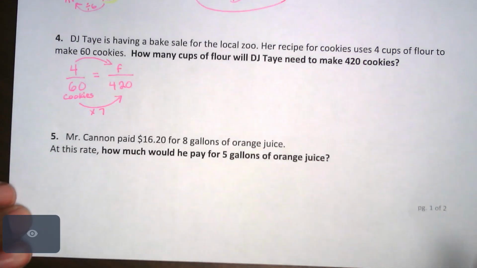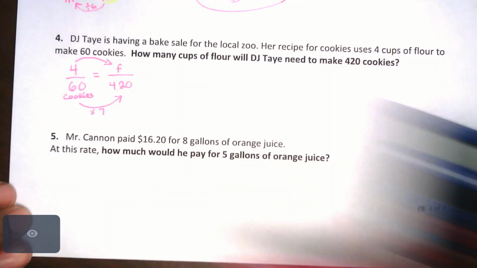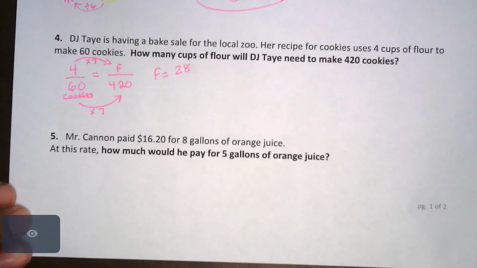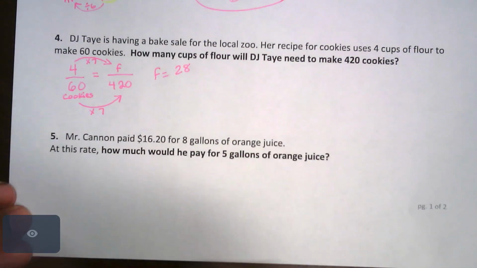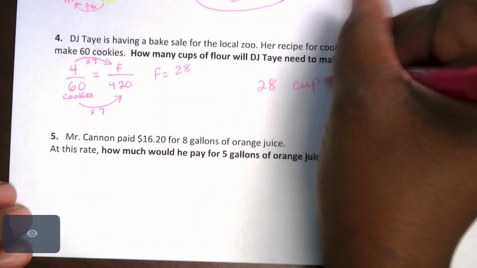And I could check that too, just to be safe. 60 times 7 equals 420. Bam, got it. So up here, I'm going to also multiply by 7. And 4 times 7 is 28. So my F equals 28. So the question says, how many cups of flour would DJ Tay need to make 420 cookies? The answer is 28 cups of flour.